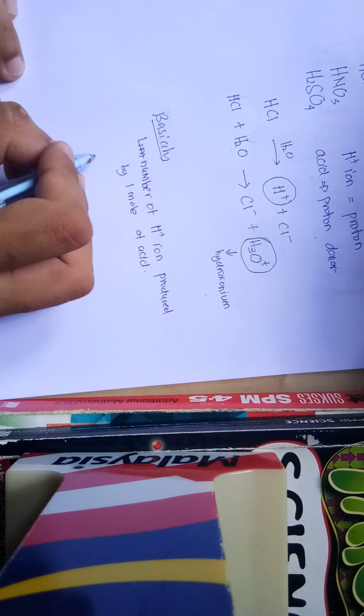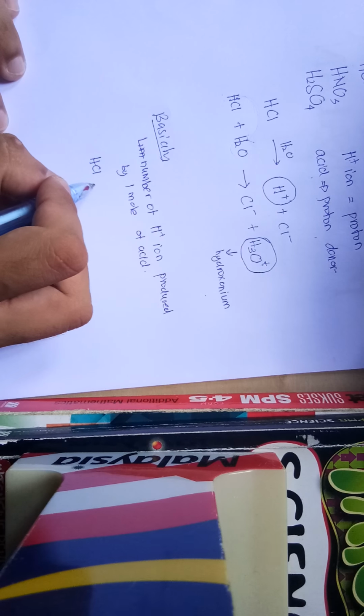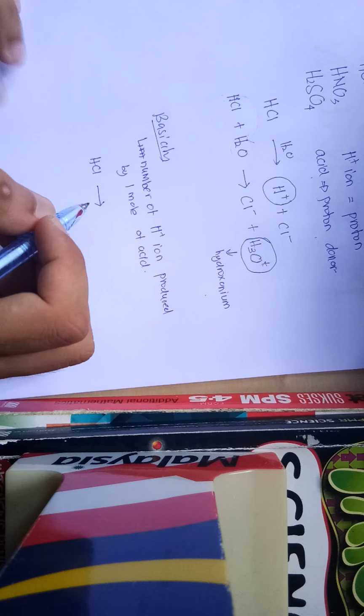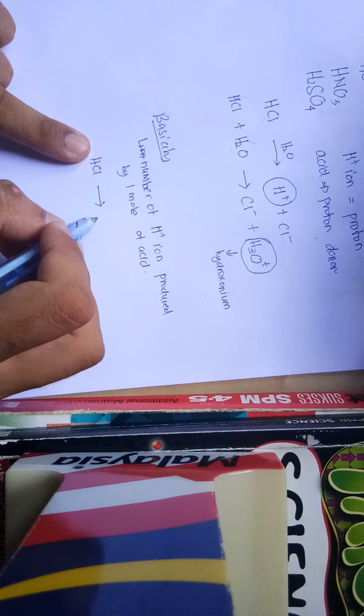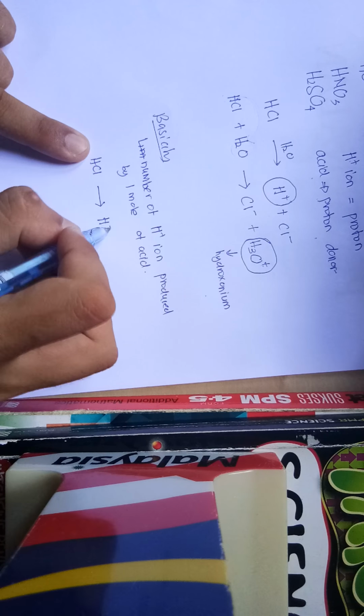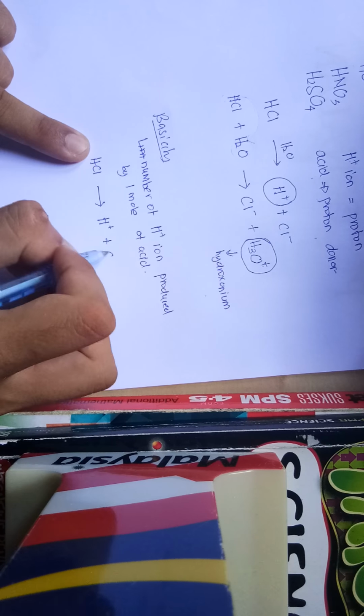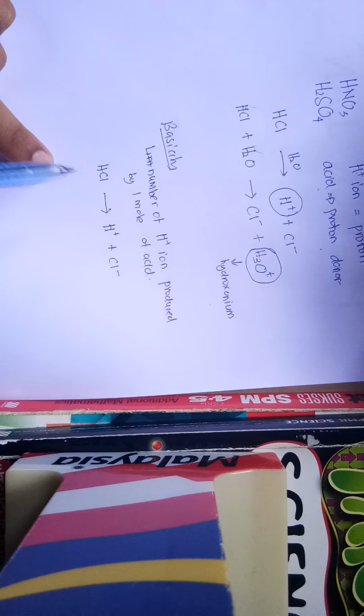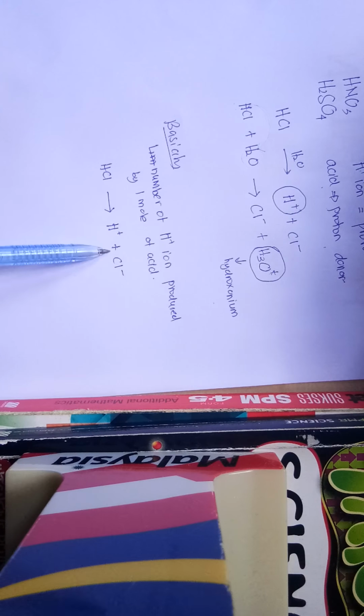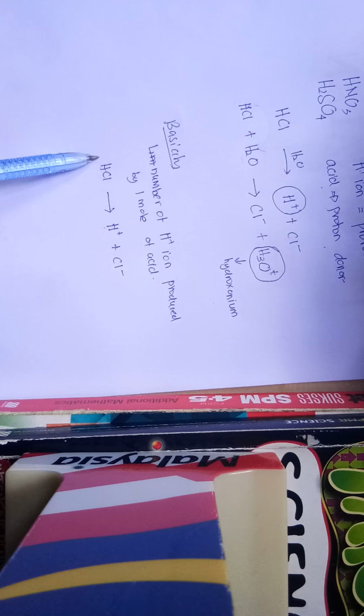If you see HCl, when 1 mole of HCl ionizes in water, it will produce 1 mole H plus and 1 mole Cl minus. How do I know it is 1 mole? You need to balance the equation. If you see here, you have 1 hydrogen, 1 hydrogen, 1 chlorine, 1 chloride, so the ratio is 1, 1, 1.